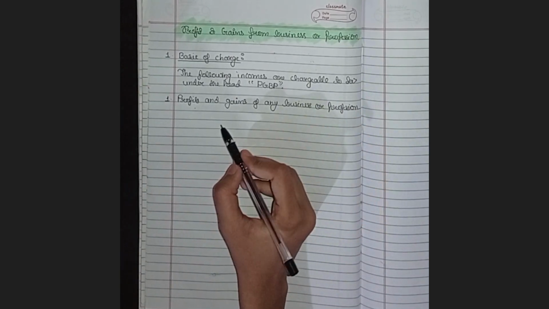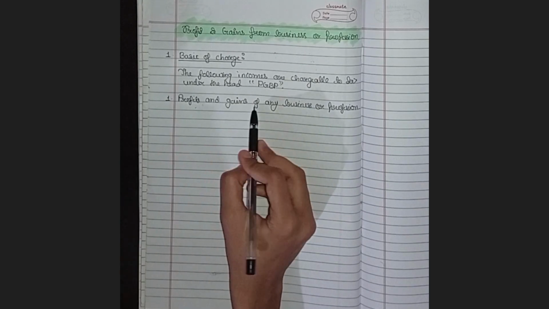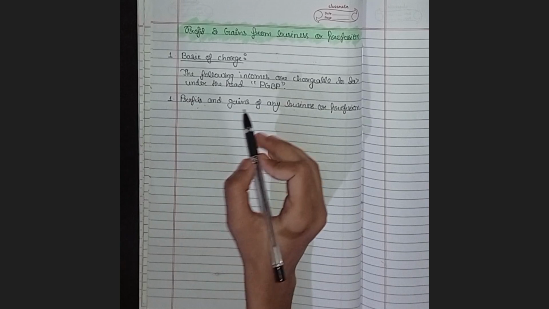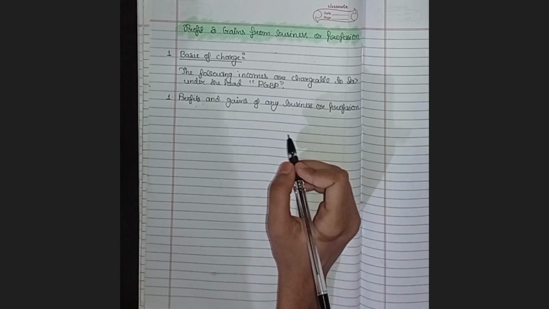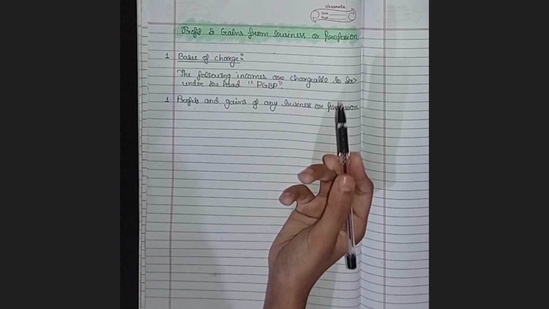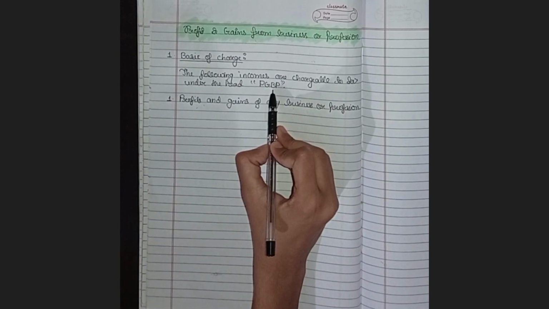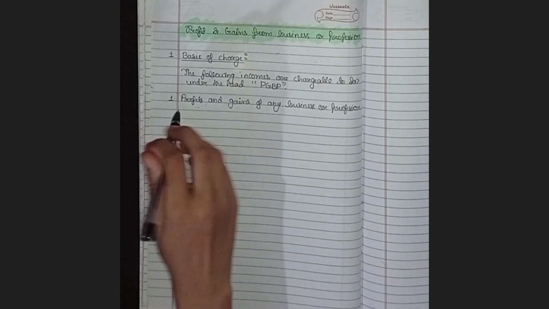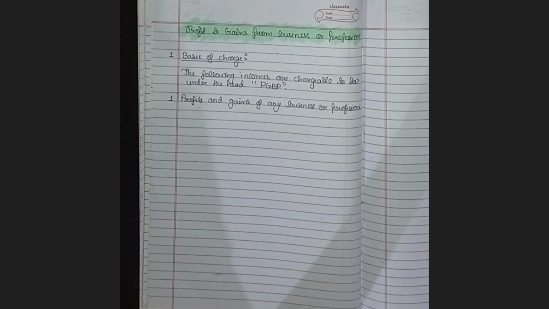My profits and gains of my business, or my profits and gains of my profession, would be chargeable to tax under the head PGBP. So under this head, this income would be chargeable to tax. I think this is clear.